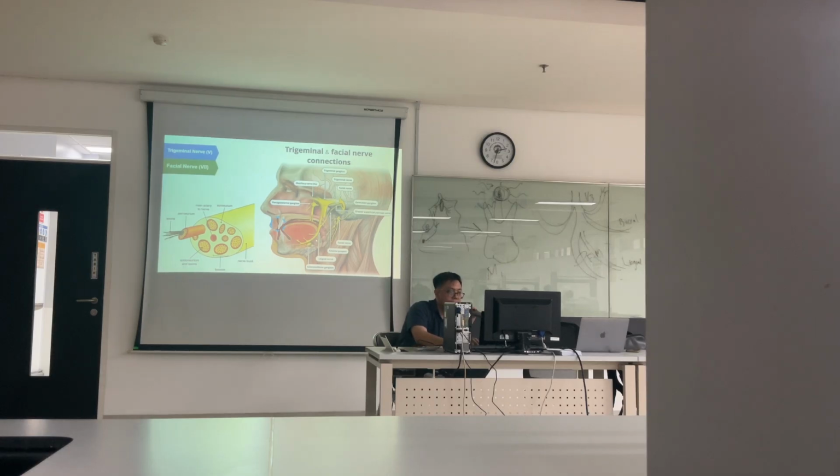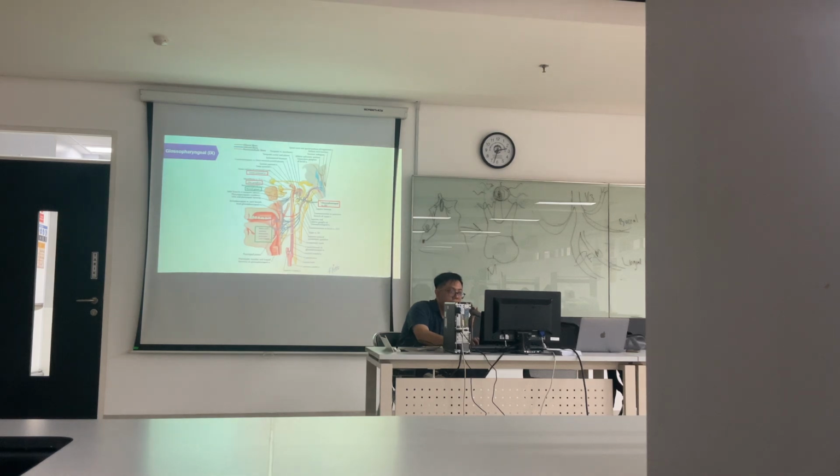And next, glossopharyngeal. This innervates the most important in our case, dentistry. The first one is parasympathetic for the parotid gland. They will bring the nerve to the otic ganglion, and then to the parotid gland.